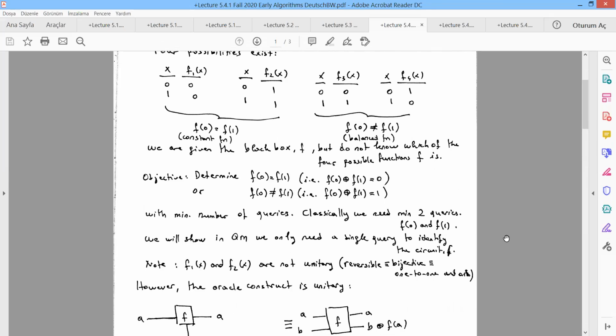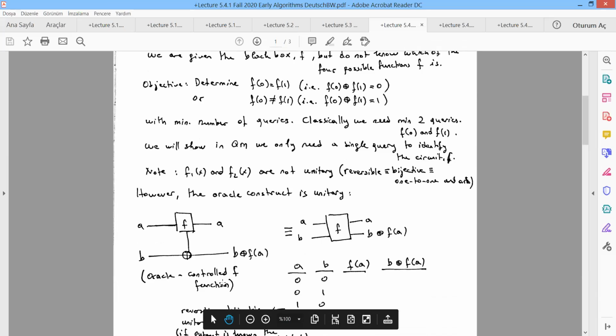But we'll show that quantum mechanically, we only need a single query to identify the circuit. We also note that f1 of x and f2 of x are not unitary, they are not reversible. Just by knowing the output, there's not a single mapping to the input, so they are not unitary.